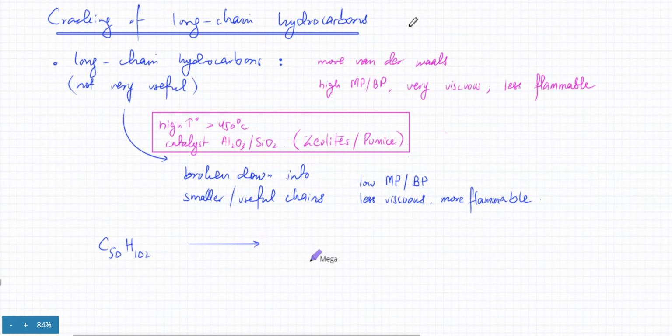One thing that has to be remembered is that it's going to break up into smaller alkanes and alkenes, and it's going to be a completely random process, and hydrogen gas. So it's either going to be one of these three or all three or just two of them. It depends. But whatever happens, remember that the number of carbon atoms and hydrogen atoms must add up to 50 carbons and 102 hydrogens.